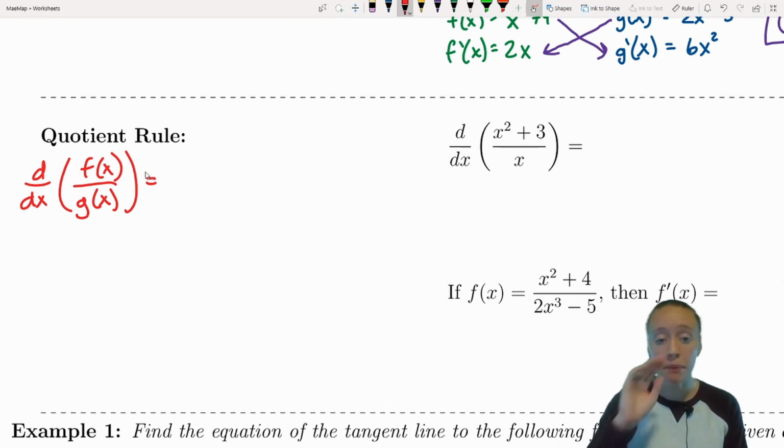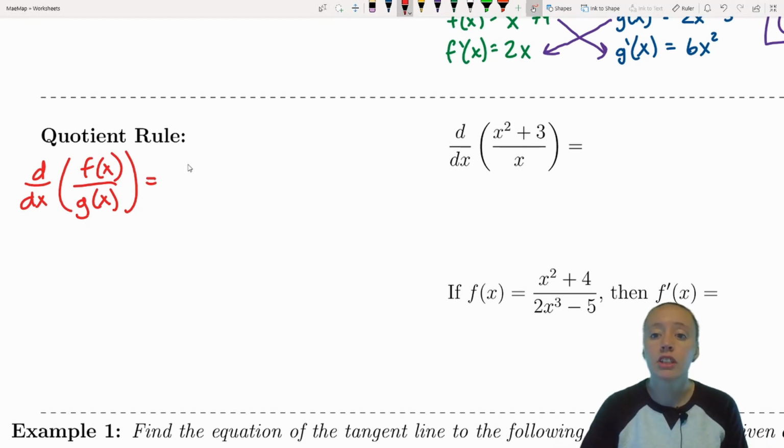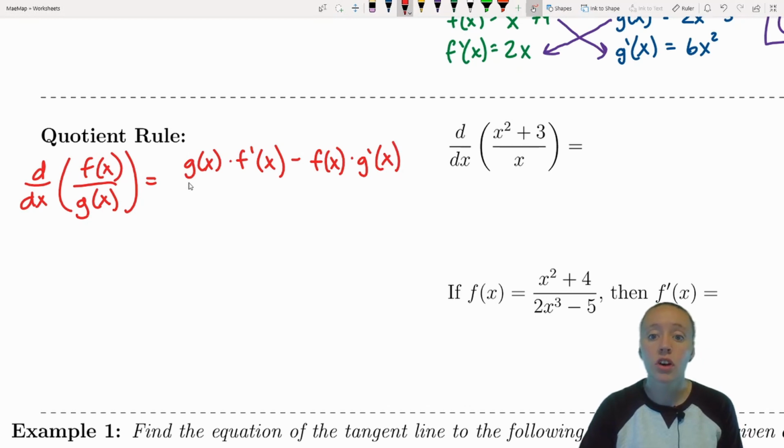So this formula is a little trickier than the first, but we have some fun techniques to help us remember it. We're going to take g of x, and that will get multiplied by f prime of x, and then we're going to subtract f of x times g prime of x, and that's all over g of x, that entire function squared.